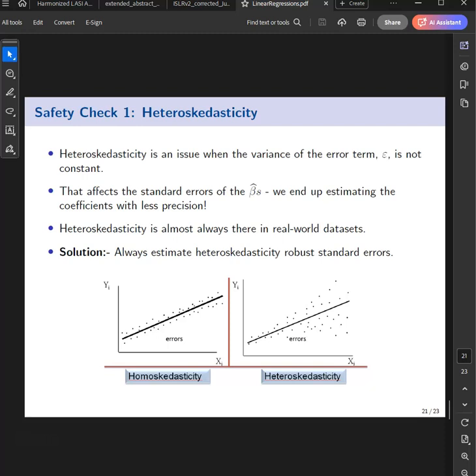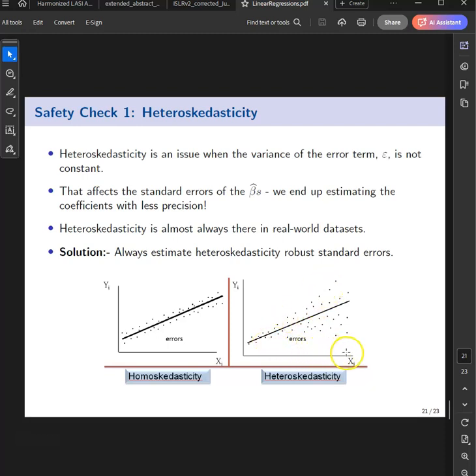The first is heteroscedasticity. It's a fancy term, sounds very complex, but in reality the idea is very simple. It means that the variance of our error term isn't constant across observations. A typical scenario for heteroscedasticity is that if you fit a straight line and plot the data points as well, it kind of looks like an exploding situation.